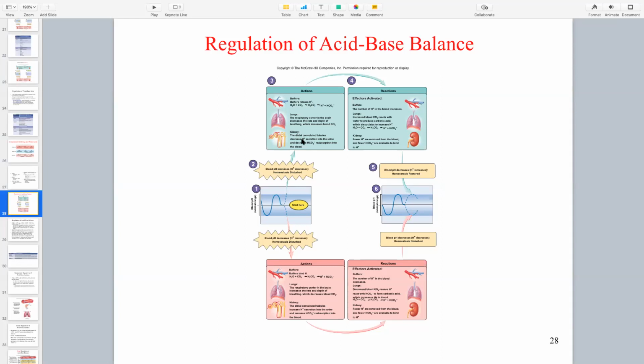So one of the first things that happens is I decrease the secretion of hydrogen into the urine. By decreasing the secretion, I decrease the loss of hydrogen. I retain hydrogen. Perfect.